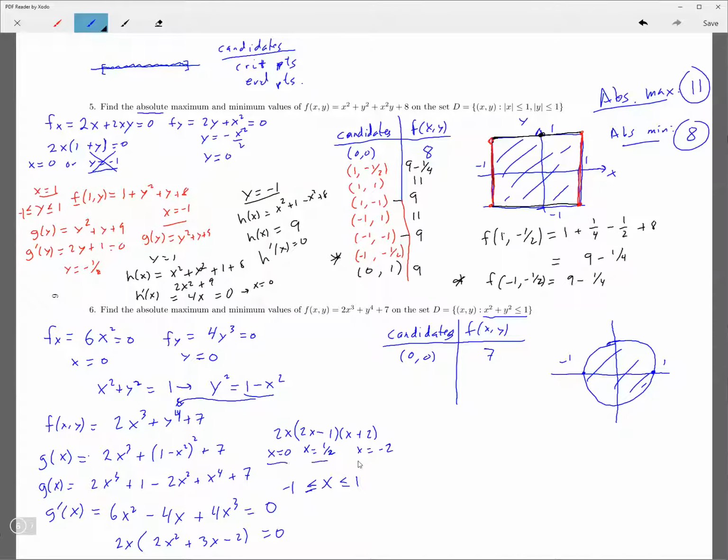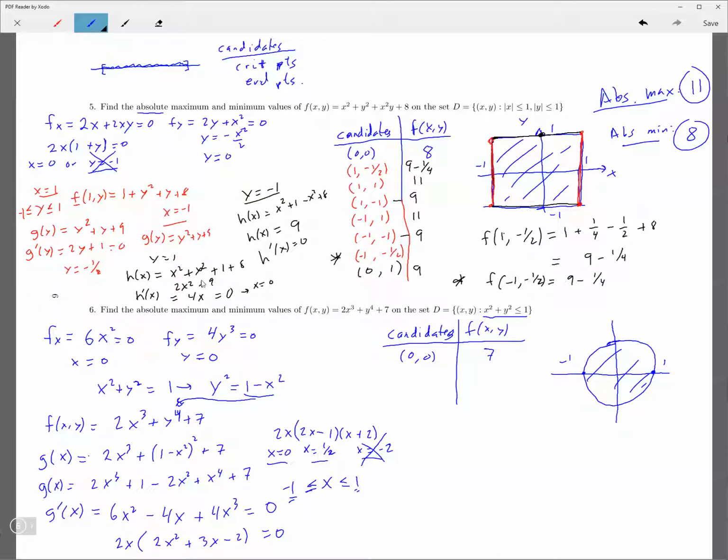These right here are critical points, and these are endpoints for this function. Even though it's not apparent, the only way this works out is if x is between -1 and 1. So this one you have to throw out because it's less than -2, outside this interval.